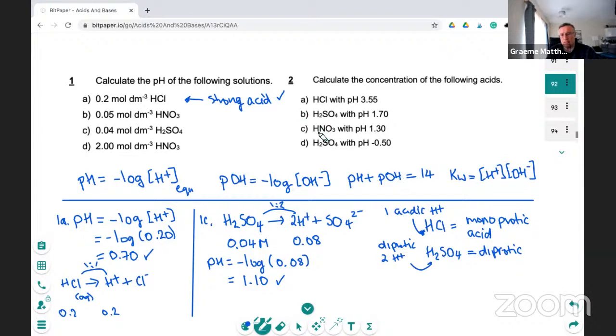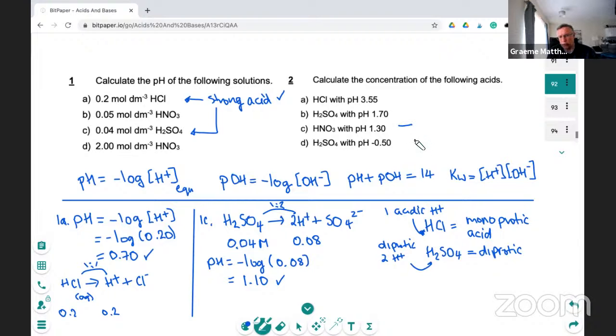So this time let's look at 2C, right? 2C has nitric acid with a pH of 1.30. And again, always got to make sure that we're using the correct formula, and that the formula we're using is indeed justified. So I can say right here, I'm going to do the one with nitric acid.